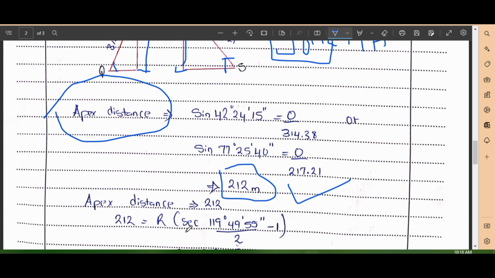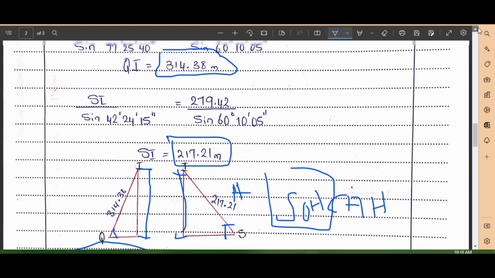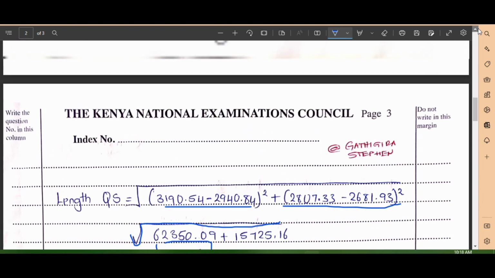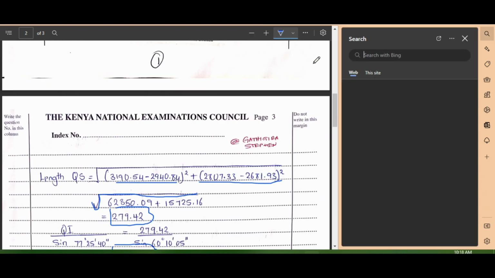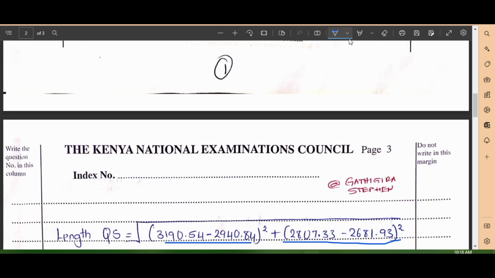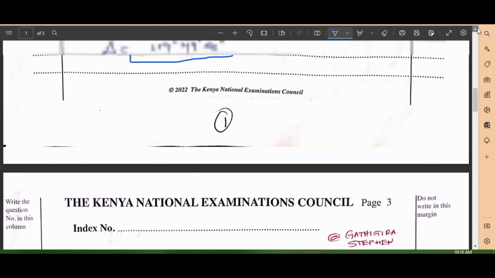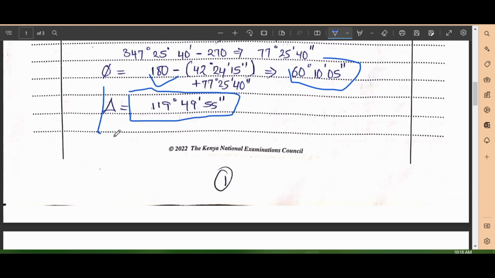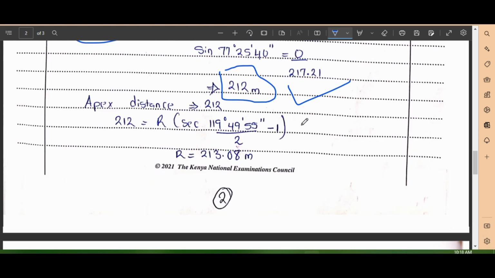Apex distance is equal to R times (sec theta over 2 minus 1). I had already calculated my deflection angle here on top. My deflection angle was here, so we use that deflection angle.